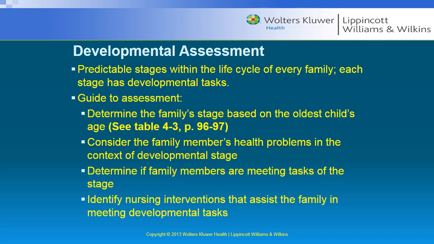But remember to use the oldest child's age for the family stage. The nurse would also consider the family member's health problems in the context of the developmental stage. The nurse would determine if family members are meeting tasks of the stage and identify nursing interventions that assist the family in meeting those developmental tasks.